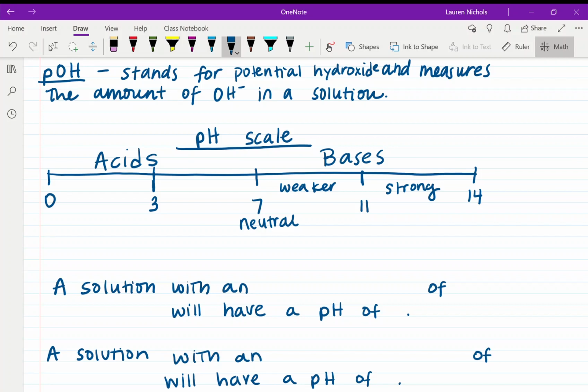With acids, the lower you are, the stronger you are. So if you have something with a pH of 1 or 2, you're going to have a very strong acidic solution, whereas if you have a pH between 3 and 7, so 4, 5, 6, that would be a weaker acidic solution. And so this pH scale is how we measure very quickly the strength of an acid or a base in that solution.